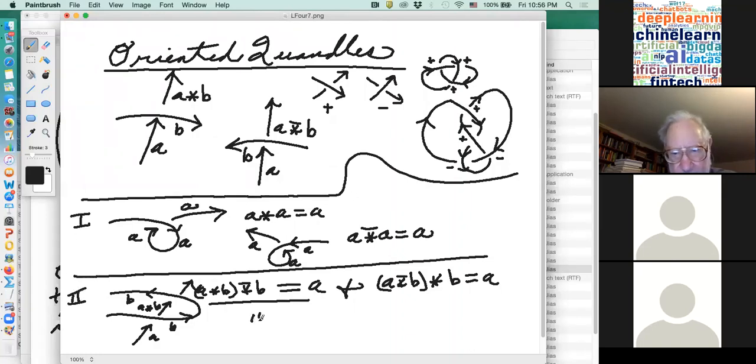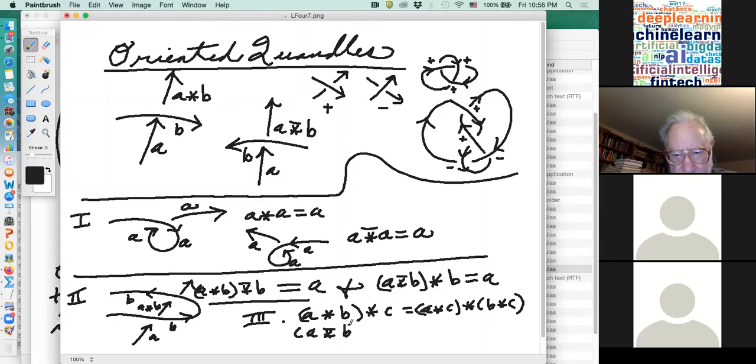And then from the third Reidemeister move, you're going to find the same story, but you need it for each of the operations. You're going to need A star B star C, A star C star B star C, and A star bar B star bar C should be equal to A star bar C star bar B star bar C.